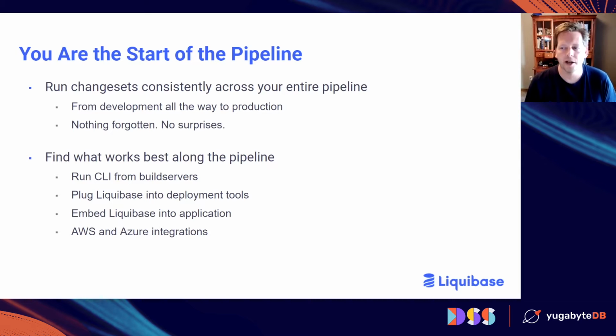As you head towards production, maybe there are some cloud native integrations like the AWS or Azure toolkit that you want to embed Liquibase into and take advantage of. Remember, Liquibase is flexible and powerful. Find what works for you and for your whole team.